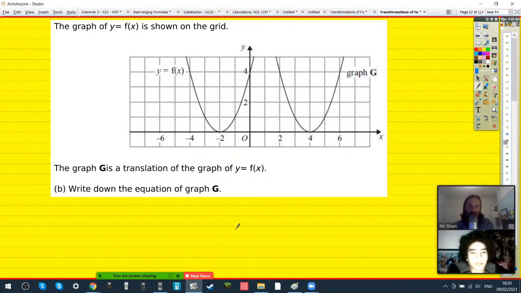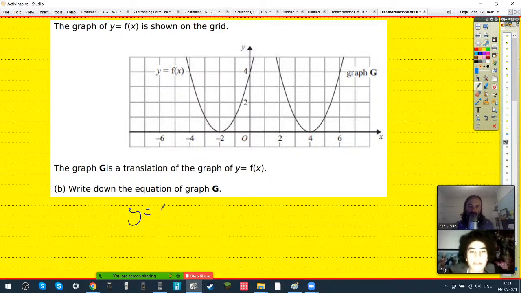Okay, how about this one? Is y equals x minus 4?